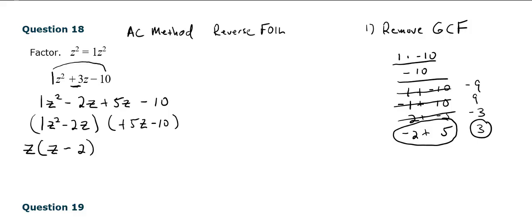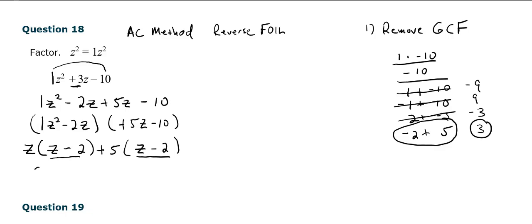In the second group, I'm going to take out a positive 5. And when I divide by positive 5, 5 divided by 5 is 1, so that gives me 1z. And negative 10 divided by positive 5 is negative 2. And again, important to note that these have to be identical or you've done something wrong.